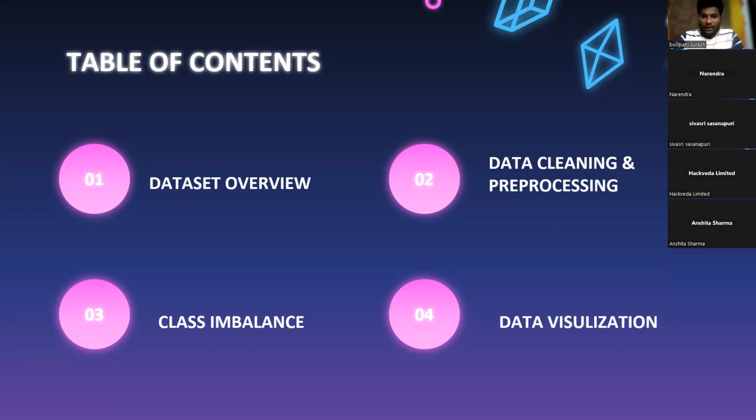The second is data cleaning and pre-processing, where we will clean the data and pre-process it. Then class imbalance: our given dataset was imbalanced, so we are going to balance it. Next is data visualization. After balancing the data, we are going to visualize the dataset.